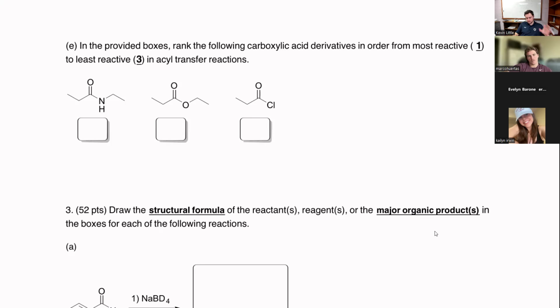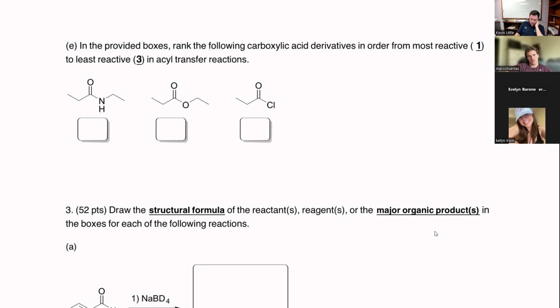Again, something that we didn't really talk about directly, but it's not bad to talk about. So when we're thinking about least reactive to most reactive in acyl transfer reactions, we're looking at the electrophilicity of these carbons.